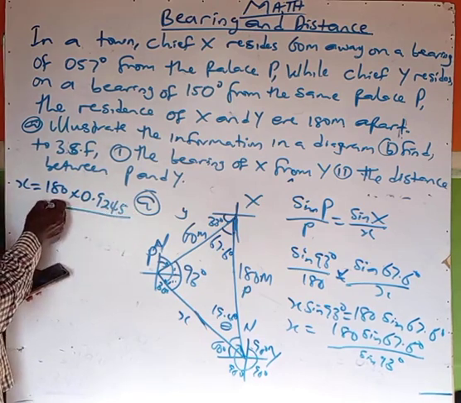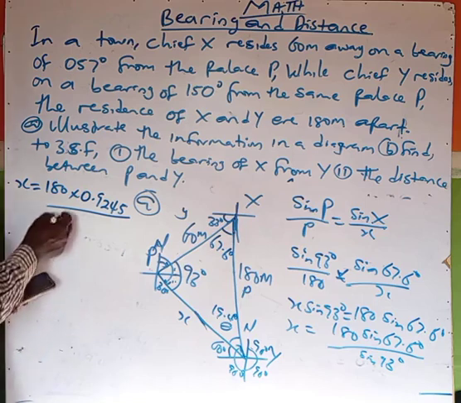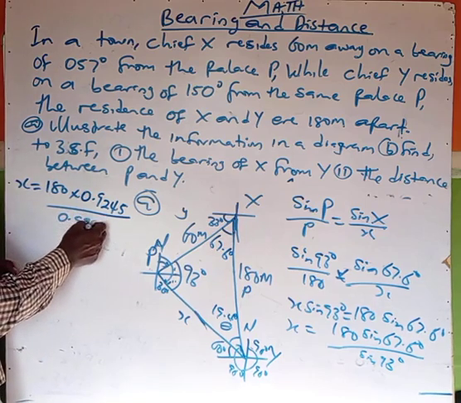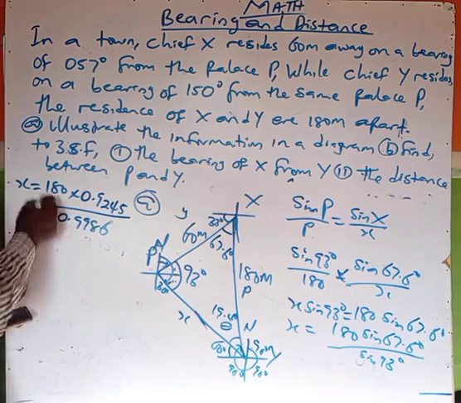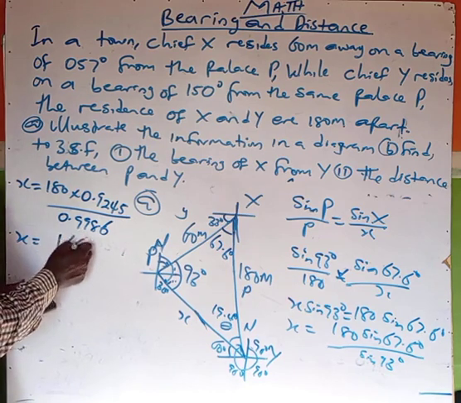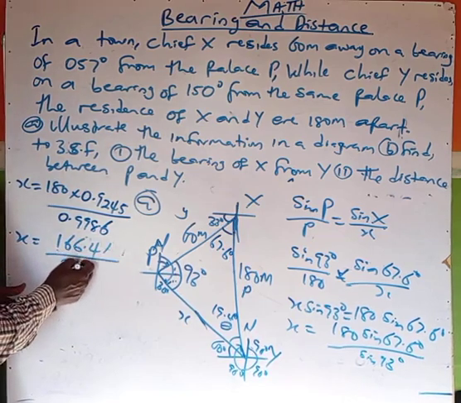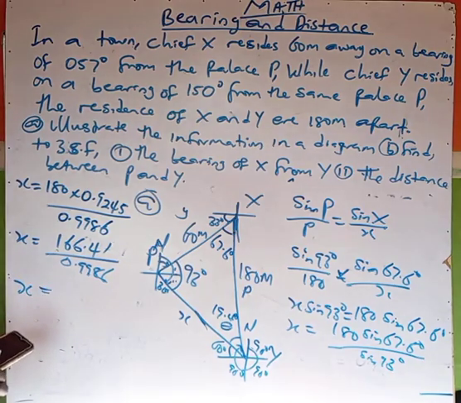Sine 67.6 degrees gives you 0.9245, and sine 93 degrees was 0.9986. So you multiply all together: 180 multiplied by 0.9245 gives you 166.41, divided by 0.9986.